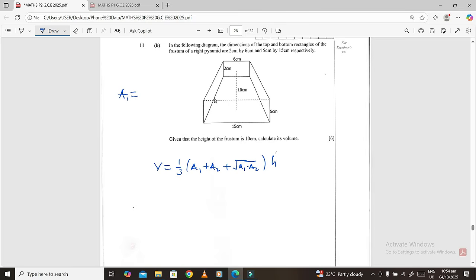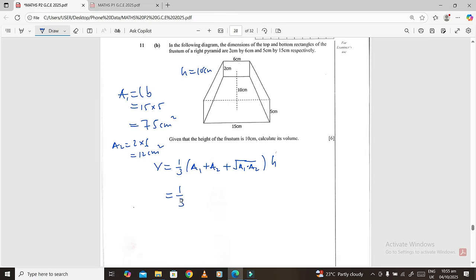A1 will just be the area base, which is L times B, and that is 15 times 5, giving us 75 centimeters squared. Area 2 will also be L times B. On top here, it will be 2 times 6, which will give us 12 centimeters squared. H will just be the height, which is 10 centimeters.